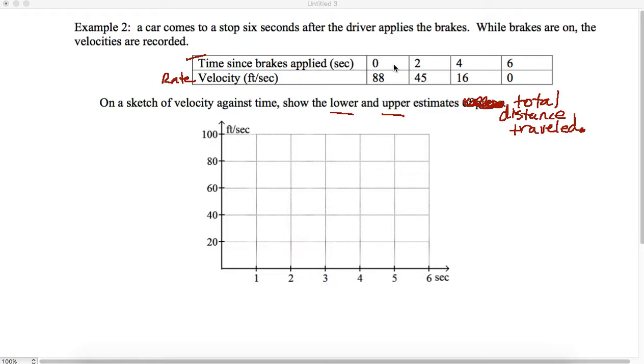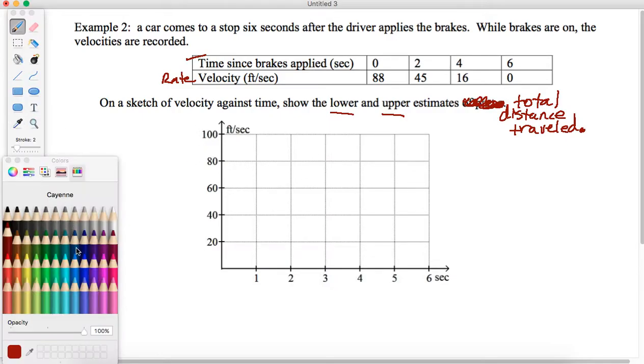Now, I don't have a curve here, all right? But if I wanted to estimate a curve that represents the situation, then I can just plot this stuff in on this graph here, right? So at 0, we had 88, for instance. So we have (0, 88). This is going to be an approximation. 45. 45.